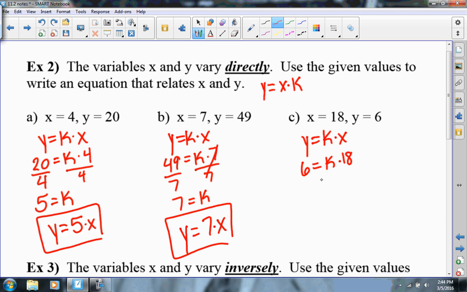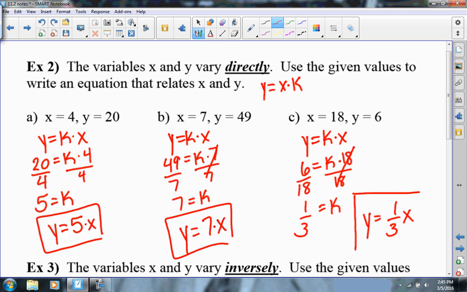Now a lot of times when students see this problem, they think, oh, 18 divided by 6 is 3. But that's not really what we want to do here to solve for k. We want to divide by 18. So my value for k is going to be a fraction. It's going to be 6 over 18, which I can reduce to 1/3. So my equation will be y equals 1/3 x.